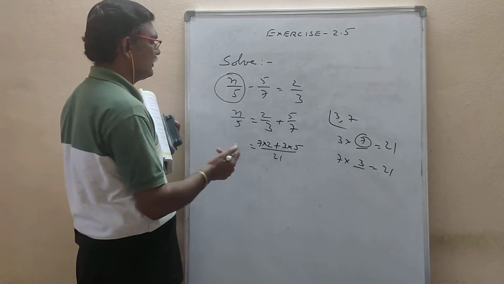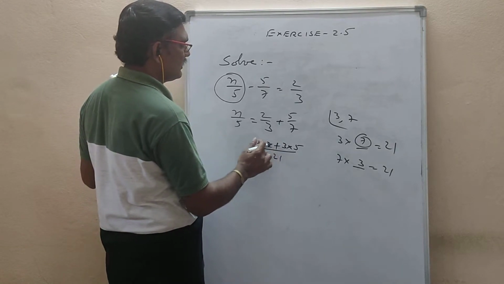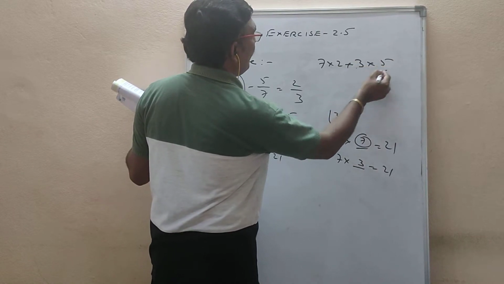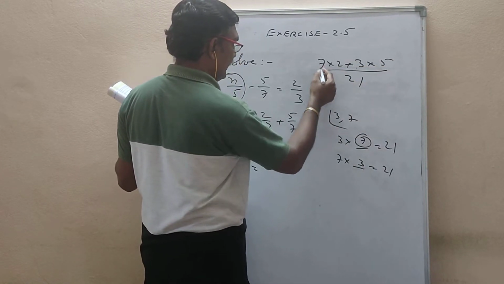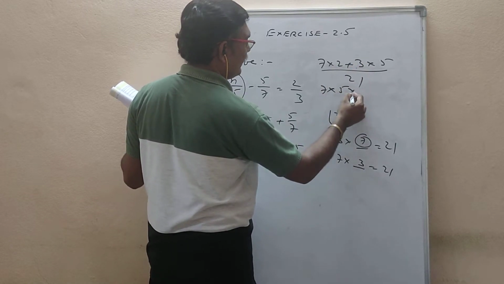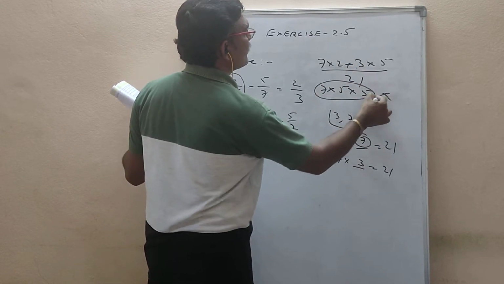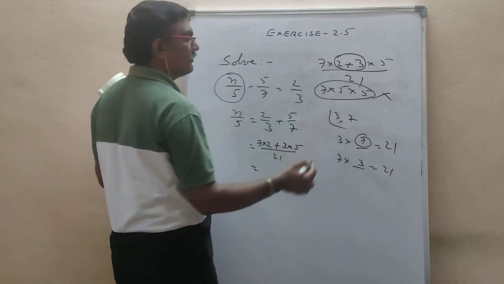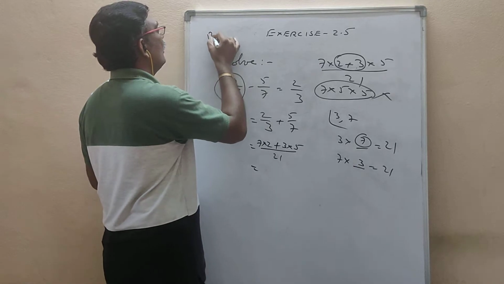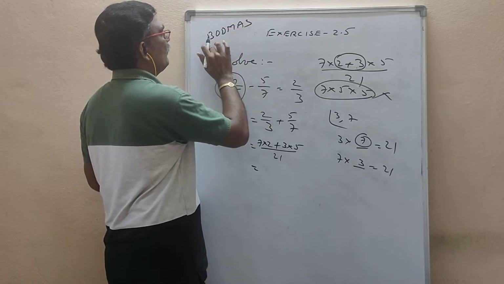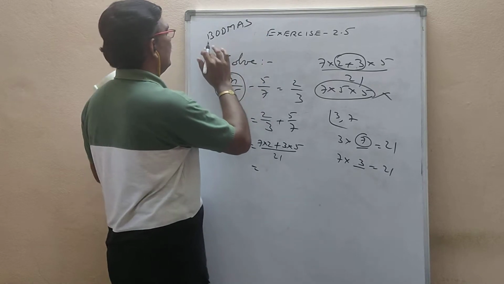Now just understand like this. In BODMAS, see 7 into 2 plus 3 into 5, by 21. Some students will write 7, into, 2 plus 3, 5, into 5. That is wrong, because first they are performing addition. In the BODMAS rule, you have to go from left to right.